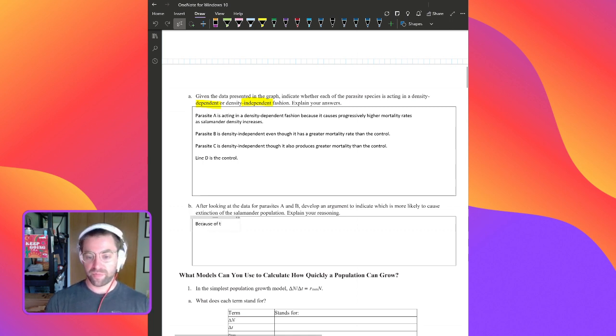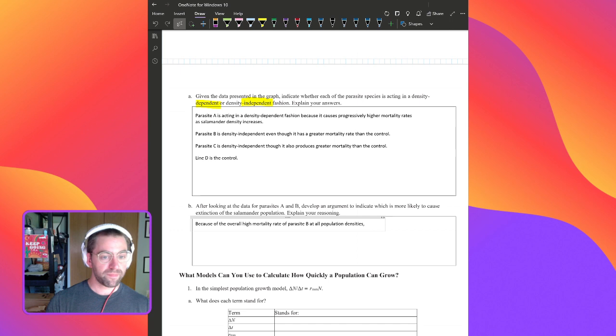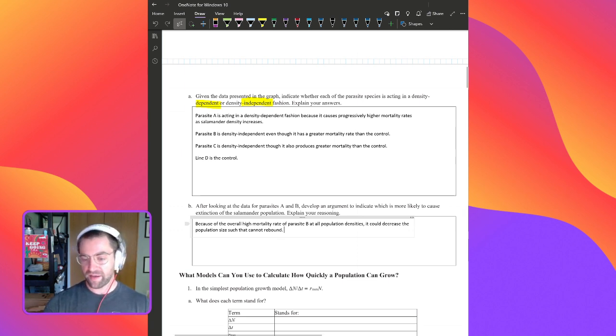Because of the overall high mortality rate of parasite B at all population densities, it could decrease the population size such that it cannot rebound. And in contrast, parasite A has that lower mortality rate at lower population densities, and so we're more likely to see oscillations in population size related to parasite mortality over time.